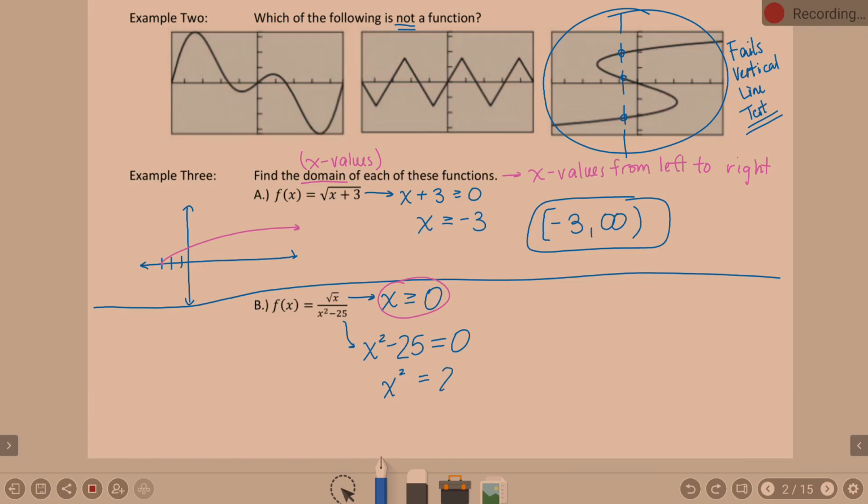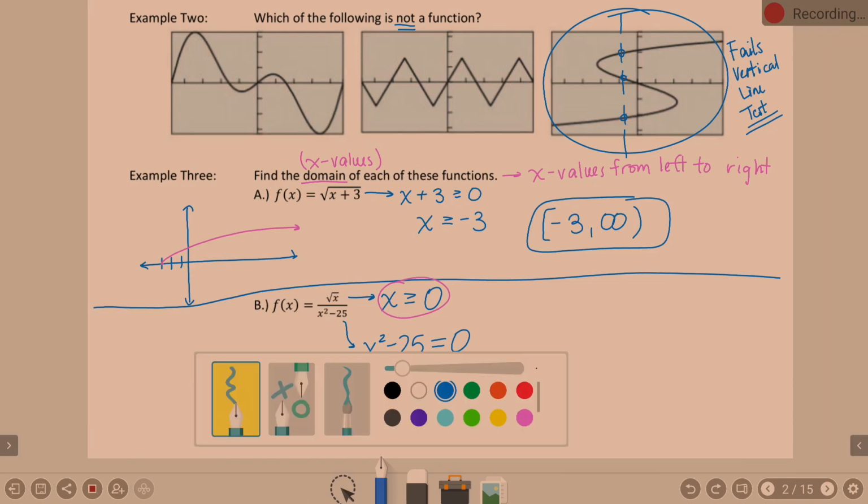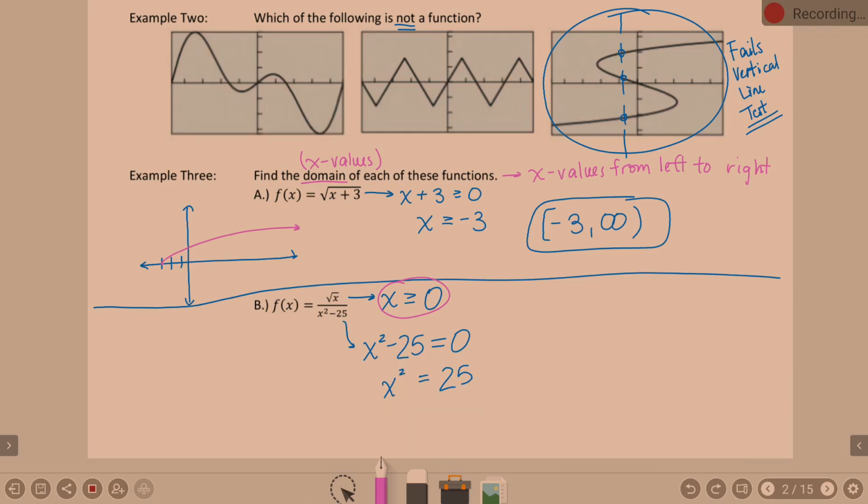Then I have x squared equals 25, and then I take the square root. And what do we get? Plus or minus 5. Just remember when you take the square root in an equation setting, it's plus or minus 5.